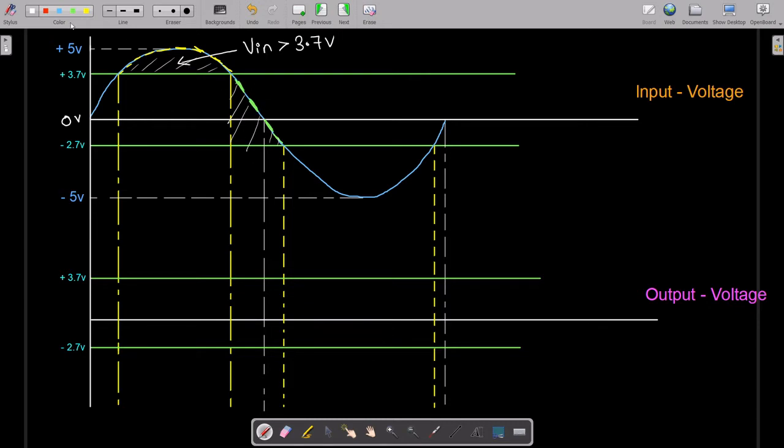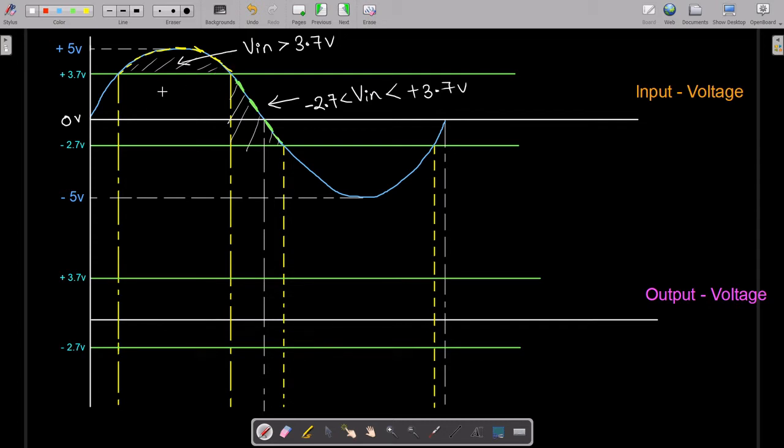And over here, V in is greater than minus 2.7 volts, but it is less than plus 3.7 volts. I hope you are getting me.